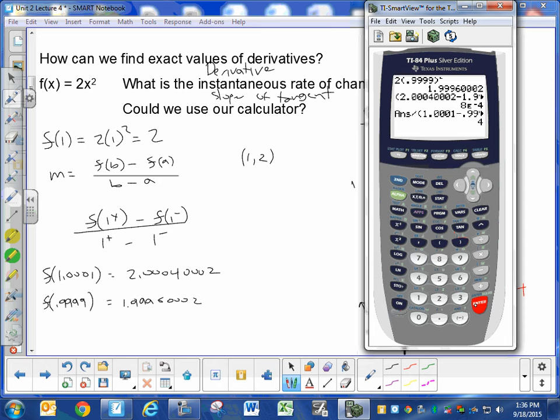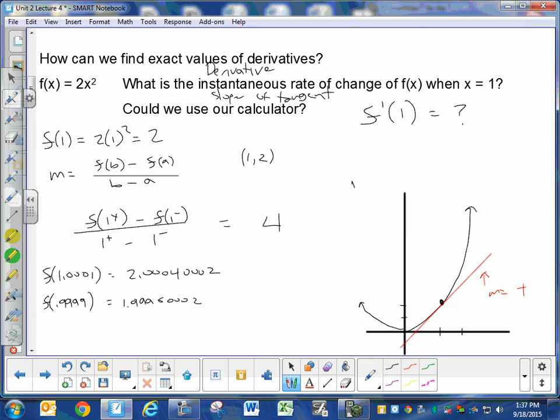I got 4. Okay, it's probably not exactly 4, right? Probably in my calculator it's 4 point lots of zeros and then some values. But your calculator eventually, after seeing the same number 10, 15 times in a row, probably tells you 4. So I got 4. Well, that's pretty good. I think I did it. I feel like this slope is 4.